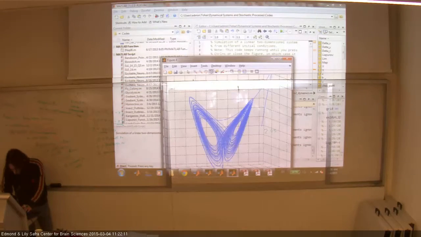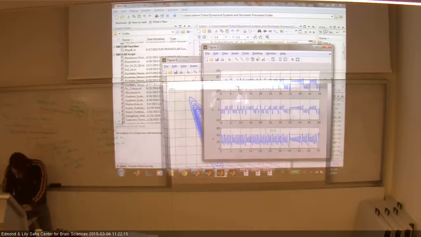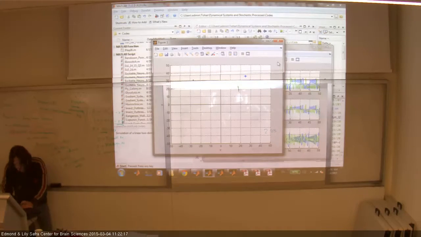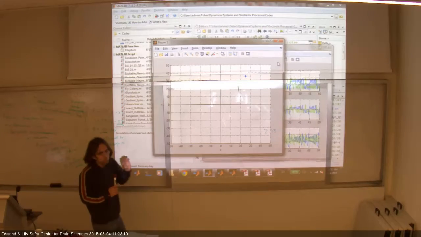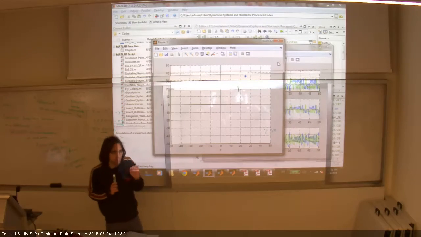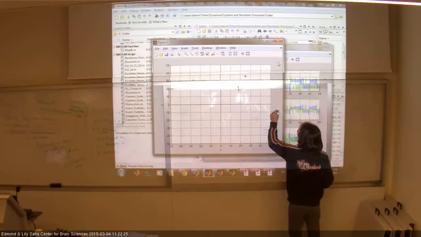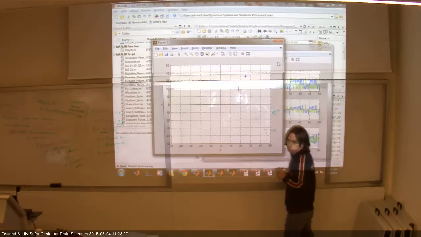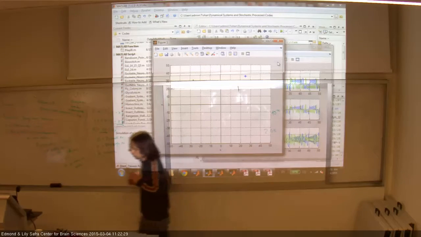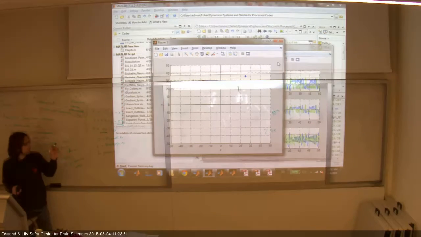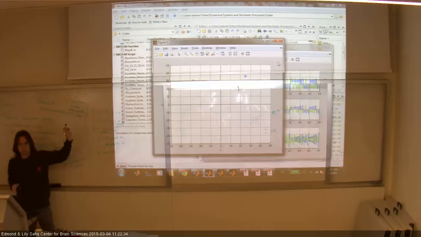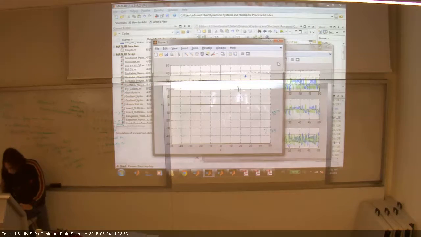So what I did here was start the simulation from an initial condition that is removed by 10 to the minus 10 from the previous initial condition on one coordinate.